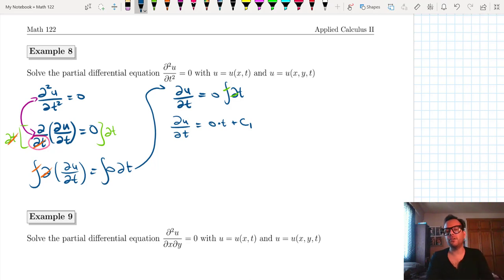The reason I'm calling it C1 is that there will be a second constant of integration, because there are two partial derivatives going on here. We do a second partial derivative here.